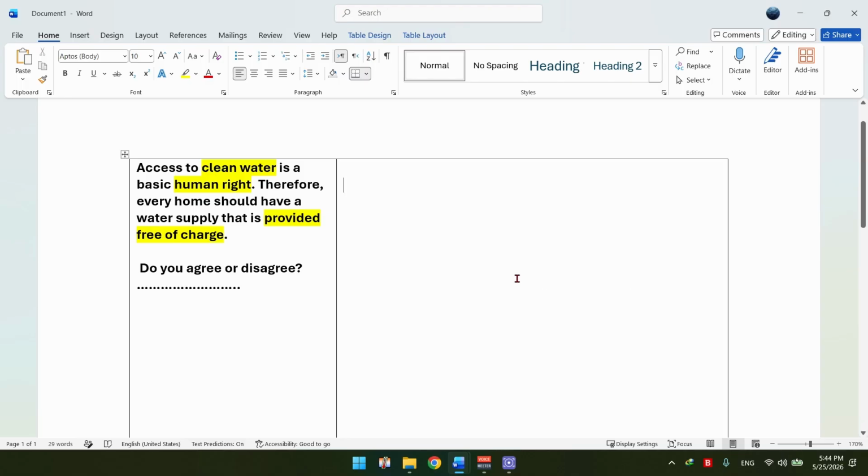Okay, so in order to get a band 8 or 9 high band score when it comes to task response, you need to look at it from different dimensions. So the first step is to see why some people think this way. What is their argument? Well, some people say that it is a human right, so they look at it from that perspective.